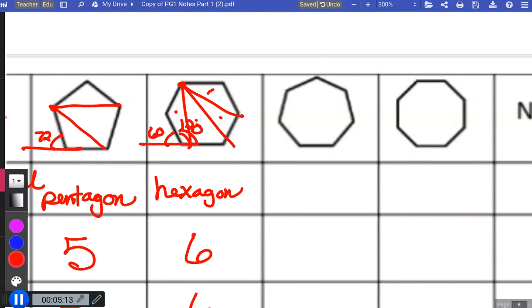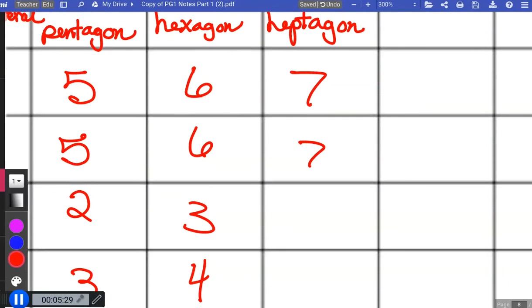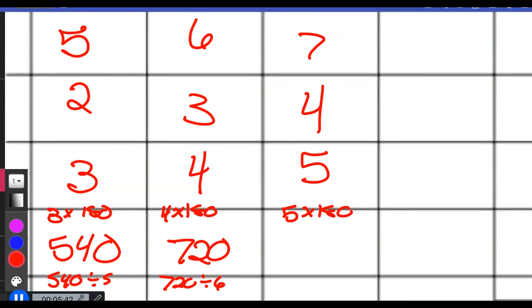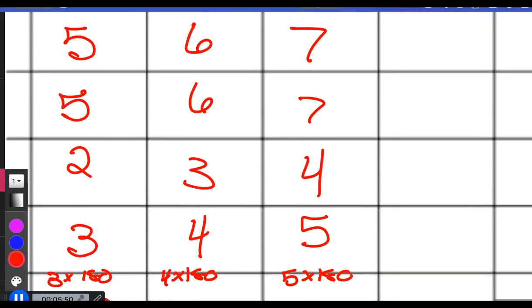Okay, here we have the 7-sided figure, so it's a heptagon. 7 sides, 7 angles, 1, 2, 3, 4 diagonals, 1, 2, 3, 4, 5 triangles. So we're going to have 5 times 180, which is, I don't know, the angle sum is going to be 900. So then we're going to divide that equally among the 7 angles.